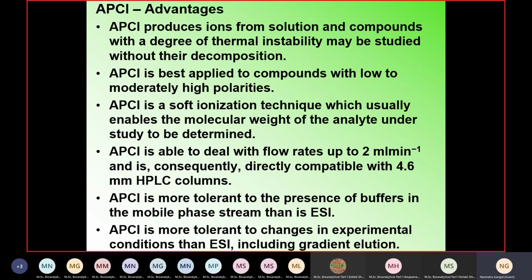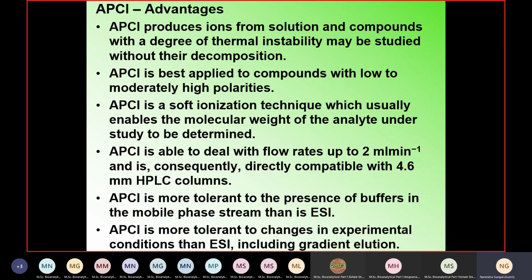Whereas for other techniques, next time when we discuss electrospray, in electrospray you will always need the UPLC, because I am not interested in higher flow rates; a higher flow rate will give me problems, because the solvent has no role in electrospray.